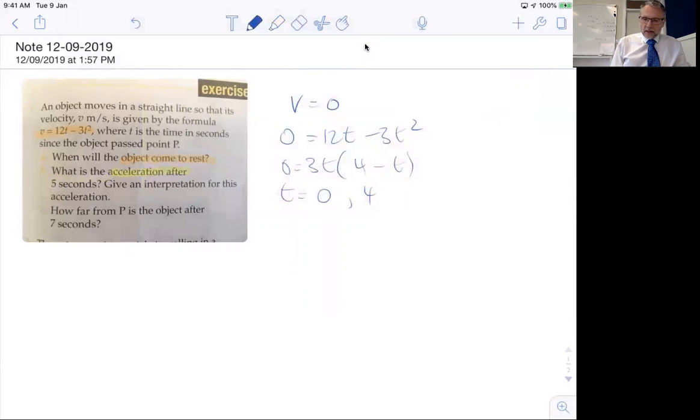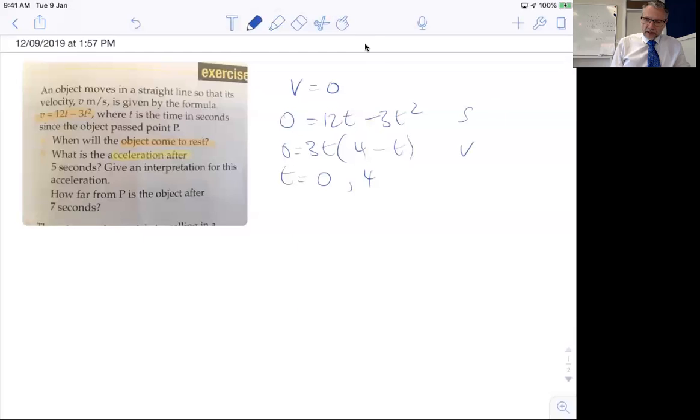We've got S, V, A, and remember we differentiate down and we anti-differentiate back up. I've got a velocity statement and I want an acceleration statement. So you can see that I'm going down, therefore we differentiate down.